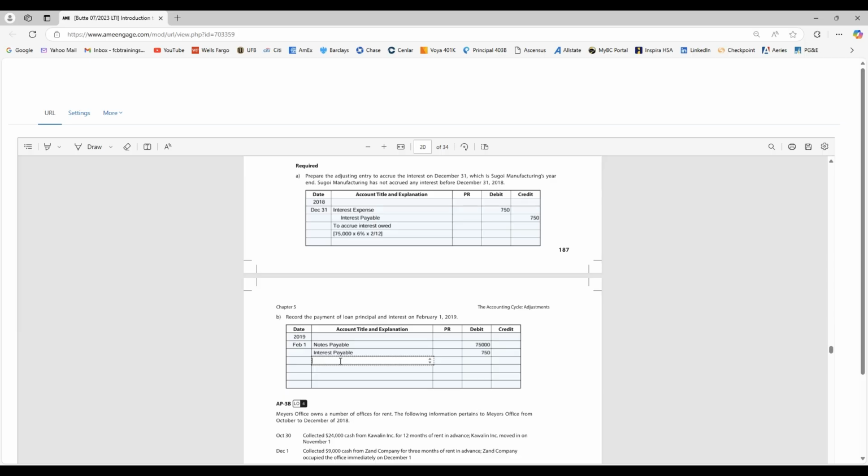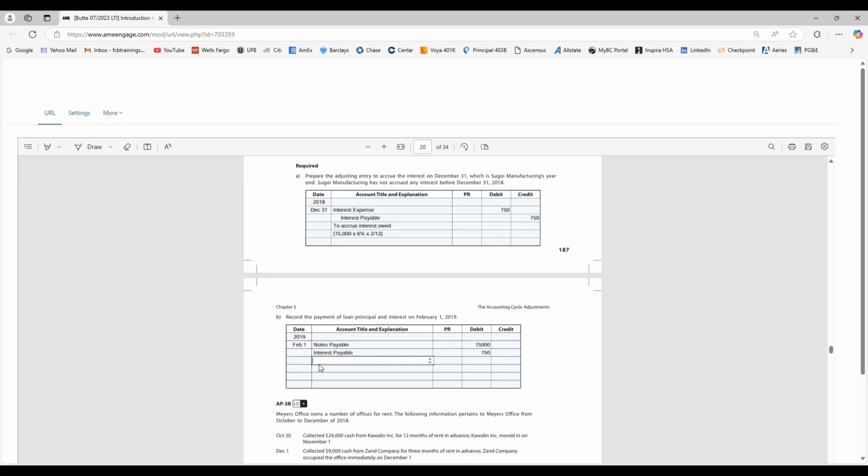And then the interest expense owed for February is going to be the amount of interest just for that 1 month, right? Just for January of 2019, because we're repaying this on February 1st.